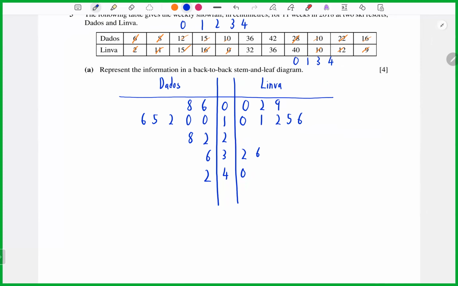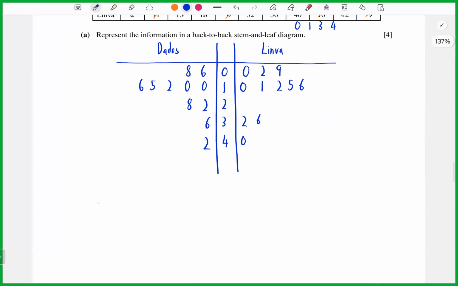So you must write the key, because if you didn't write the key, we don't know what the meaning of the information is in back-to-back stem and leaf diagrams. So you can write here key.